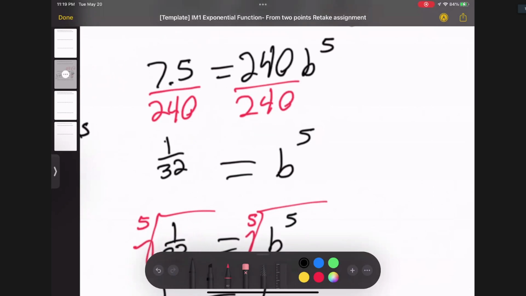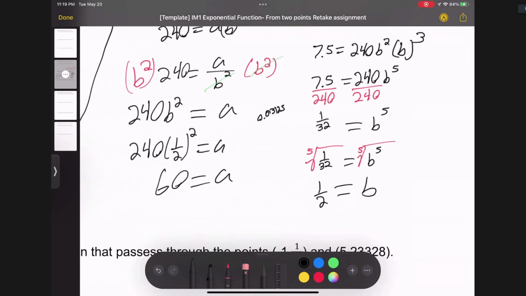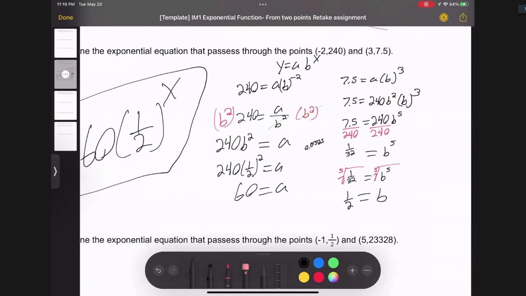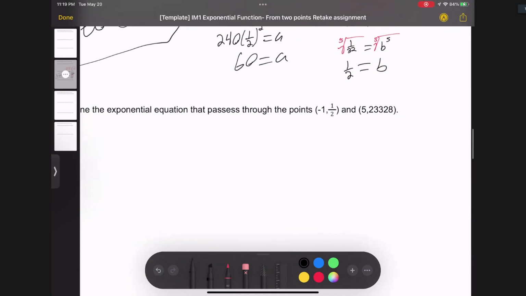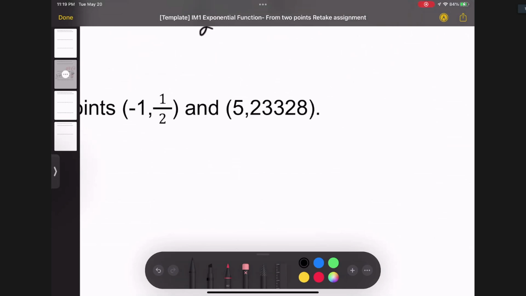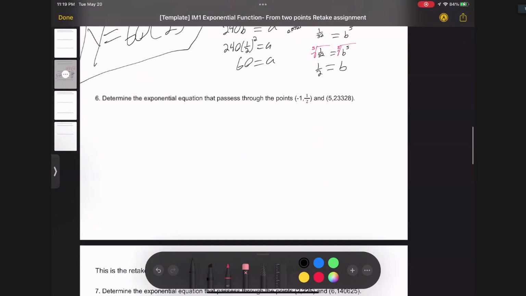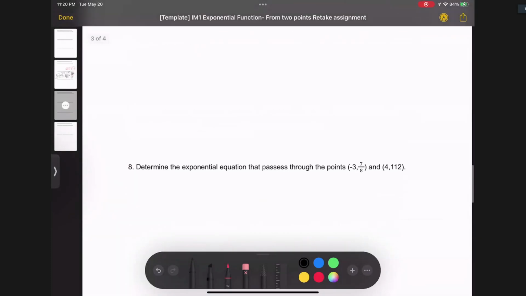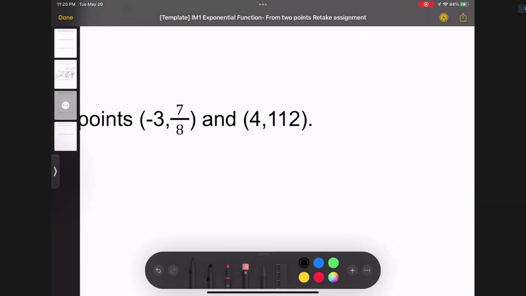You're not going to have a negative exponent, and you would have to do extra steps. Trust me, if you do it this way, you're going to get it perfect every single time. It's going to make your job a lot easier. So replace the x and the y for each of those points, and you should be fine to go. Again, it's okay if you get some weird answers.